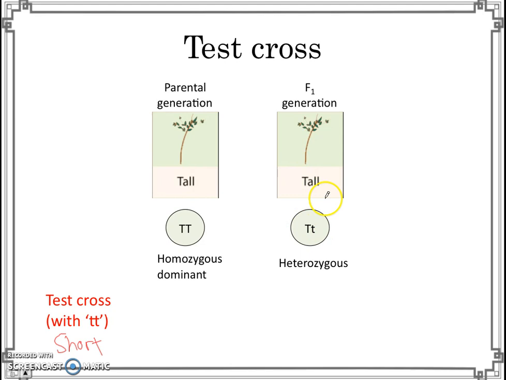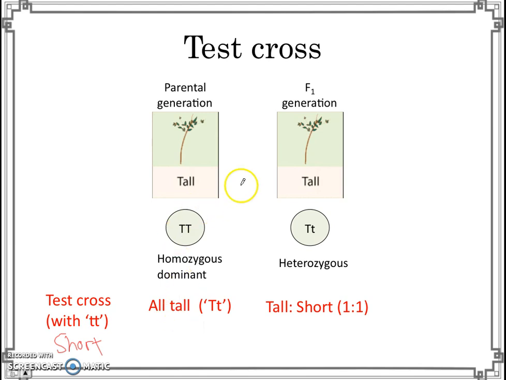Now, for the heterozygous parent, when I cross it with a short plant, it will produce half tall offspring and half short offspring, as we just saw. So 1:1 ratio. But for the homozygous dominant parent, right, it will produce offspring which are all tall, right? Because it's capital T, cross with small t, all the offspring will be heterozygous and all be tall.